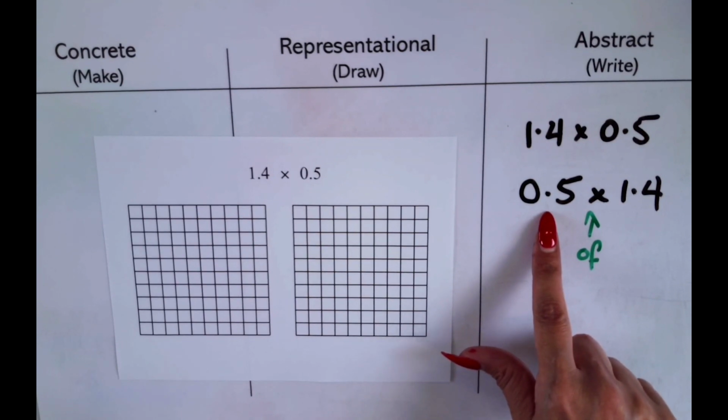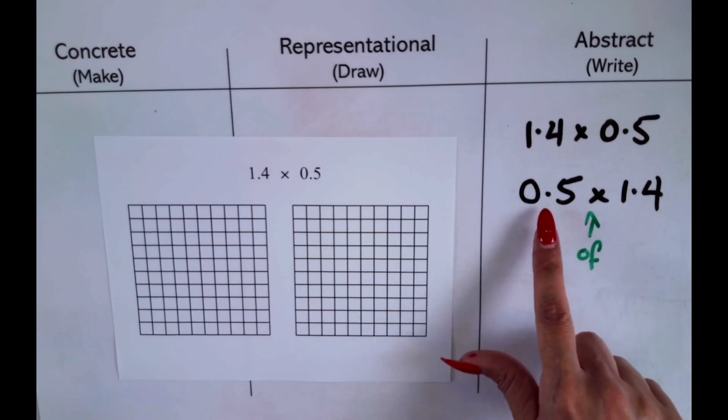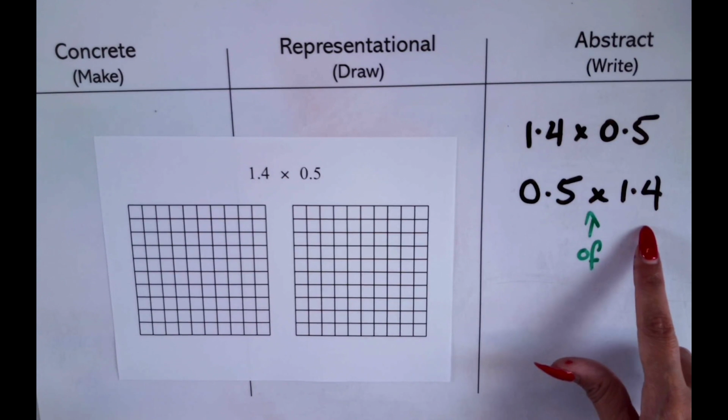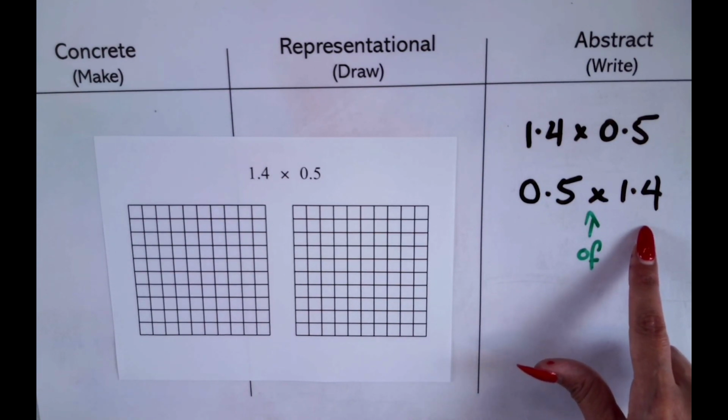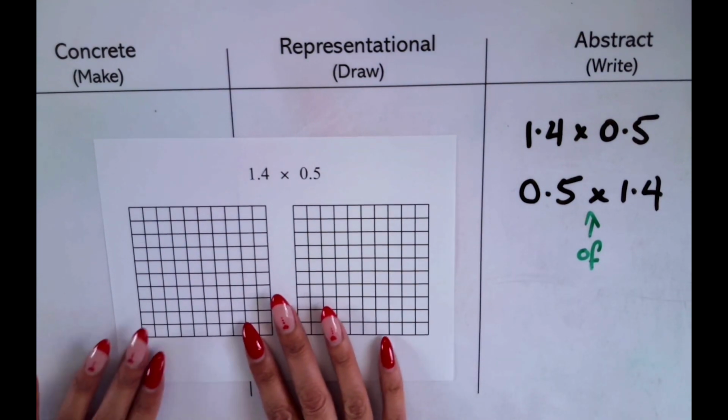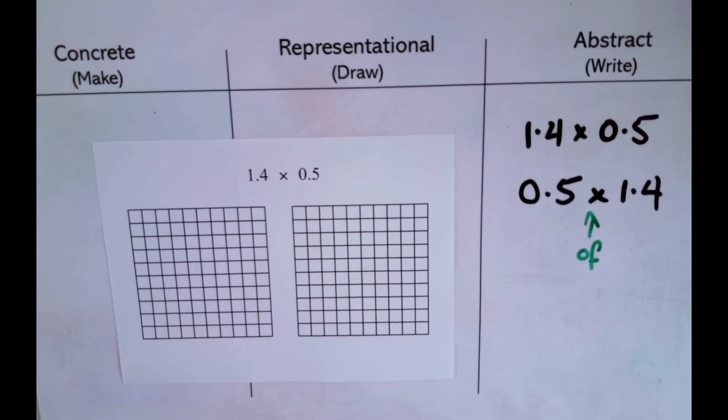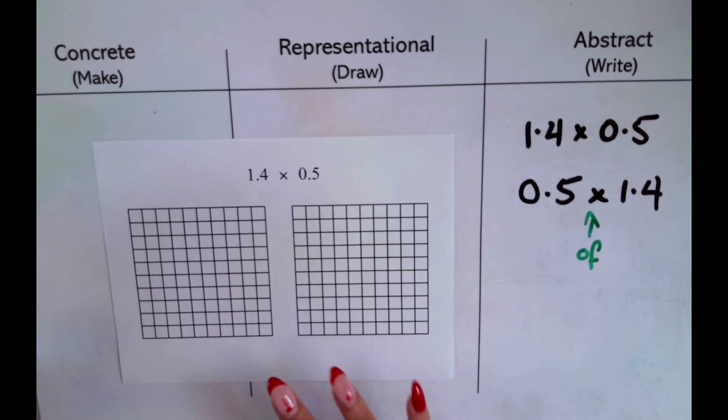Or even if we know that 0.5 is a half, we can say 1/2 of 1.4, and that will also be a lot simpler to understand, especially if you start getting familiar with fractions. Now, if I was to use the grid to do this, I would start off with 1.4.